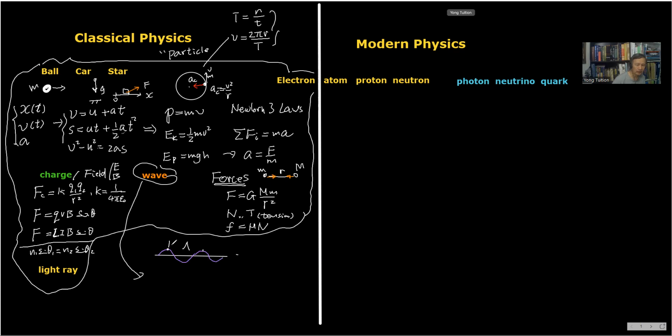This wavelength is very important. When we study quantum, we have to use wavelength. And remember these waves move at a certain velocity, and this velocity can be simply written as lambda multiplied by the frequency. That is the formula we have to use in both kinetic and modern physics.